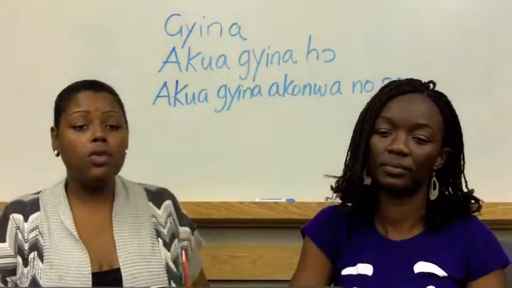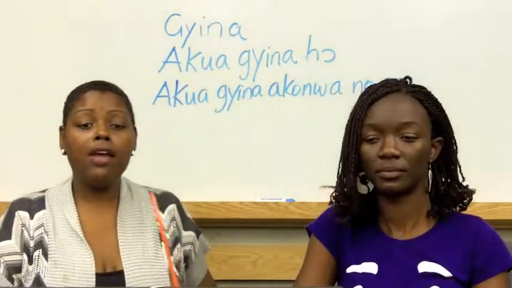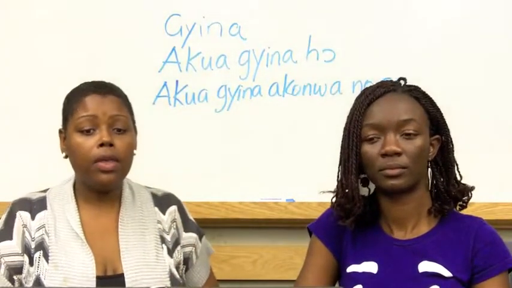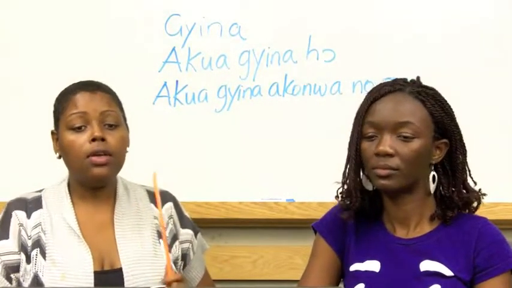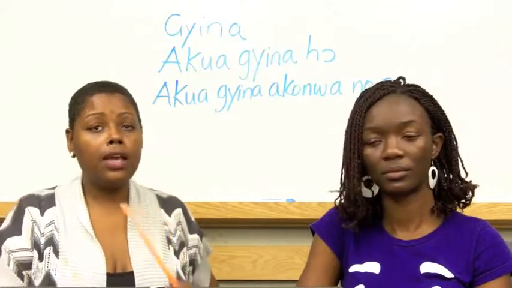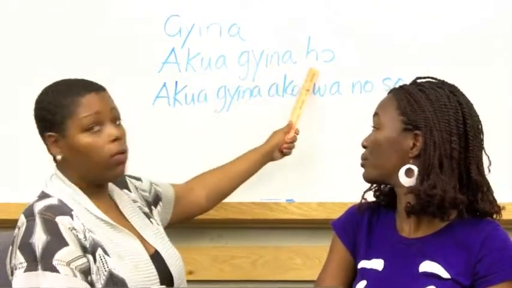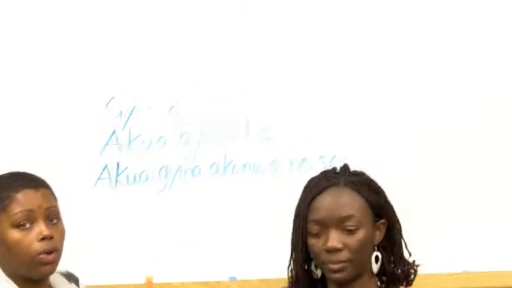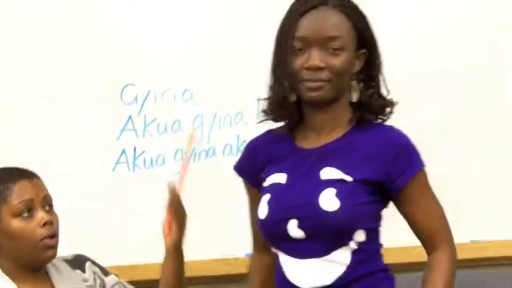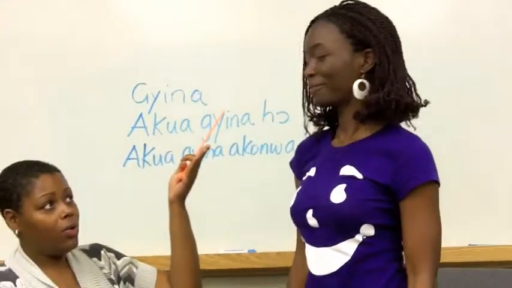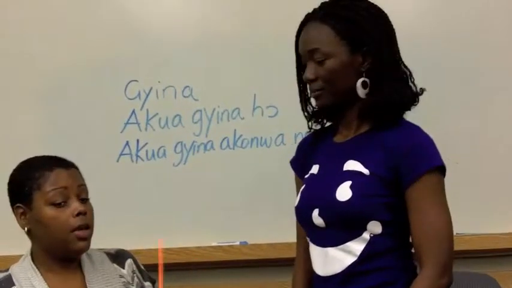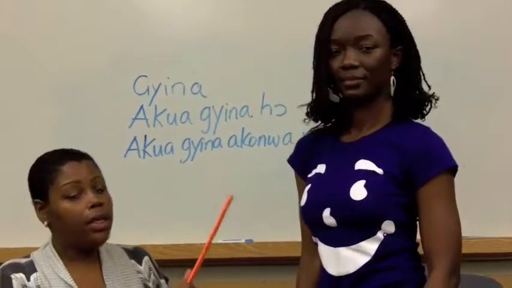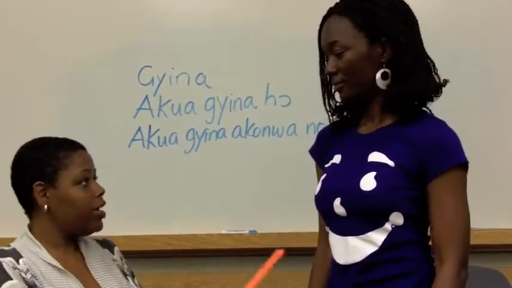It is used to describe humans and animals that have assumed a standing posture. If, for instance, Akuya is standing, we would say, Akuya jina ho. This means that Akuya is standing there. Akuya, could you stand on the chair?